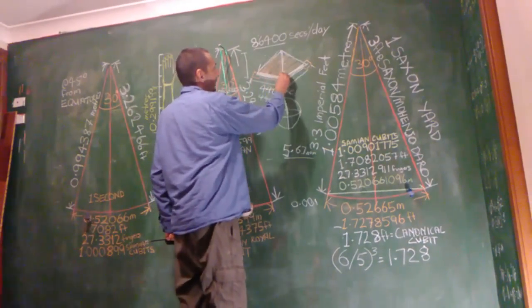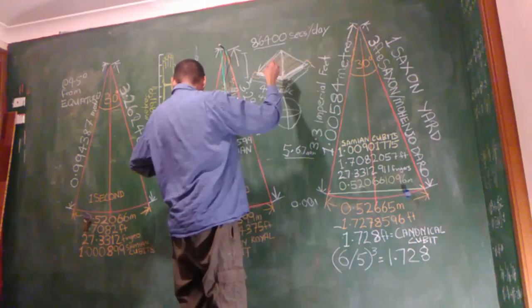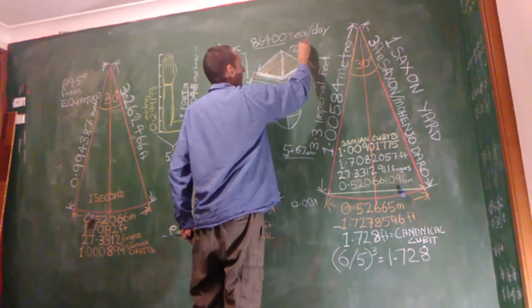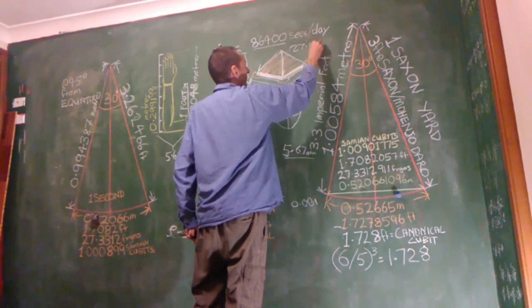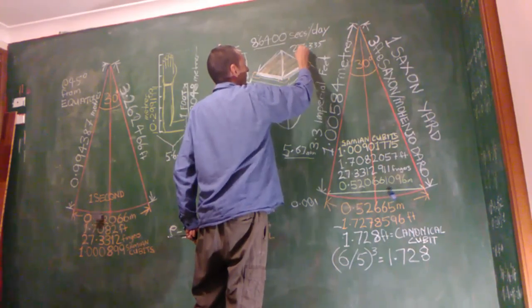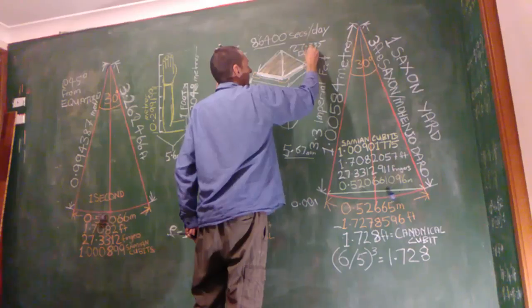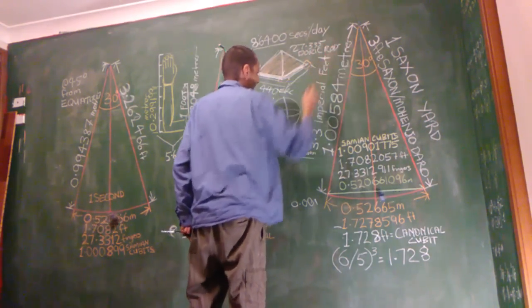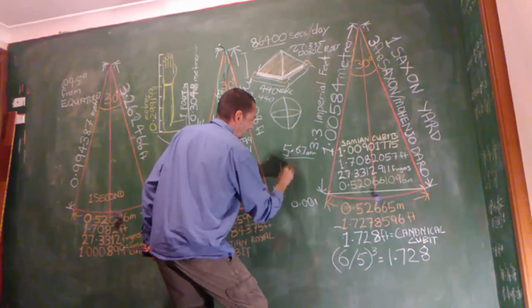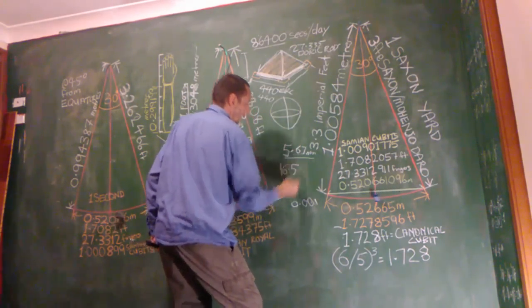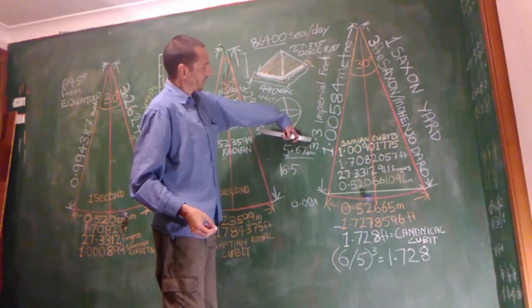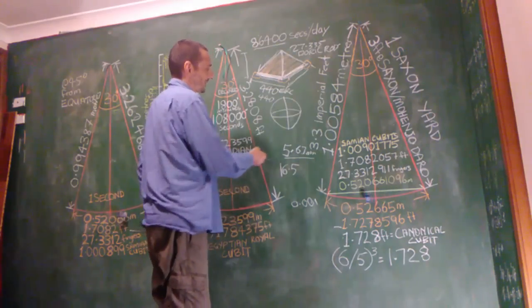The height of the pyramid, just the pyramid, is 27.335 Doric rods. What's a rod? A rod is 16.5 feet, or half of 33, 3.3.